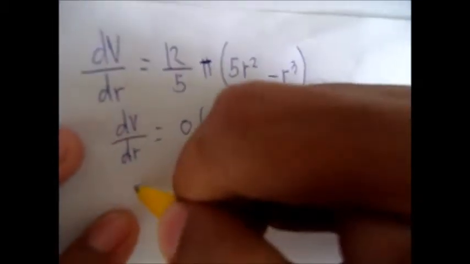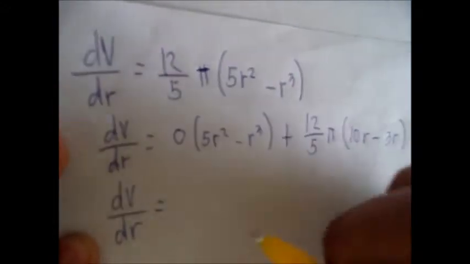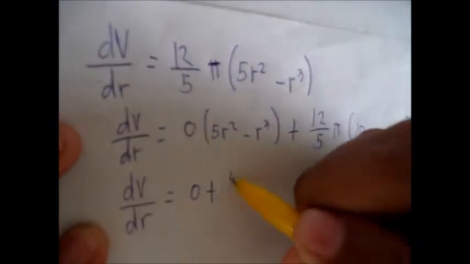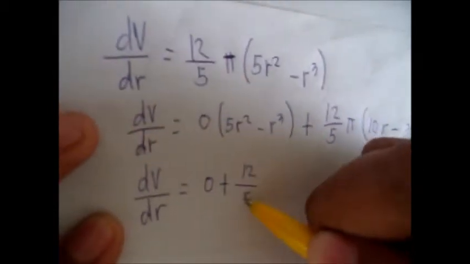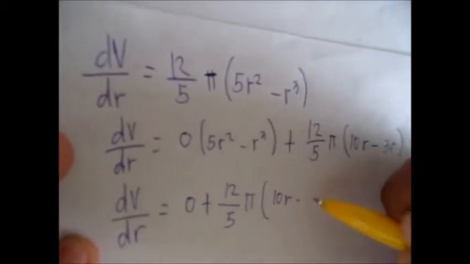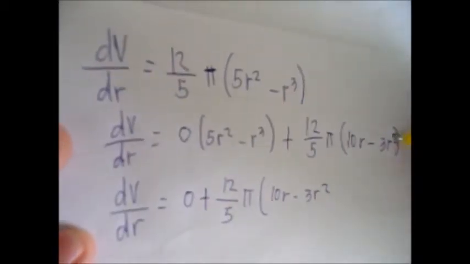So we create dV dr equal to 0 times 5r squared minus r cubed, which is 0, plus 12 over 5 pi times 10r minus 3r squared. Sorry, this is r squared.